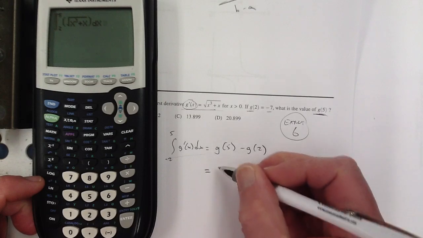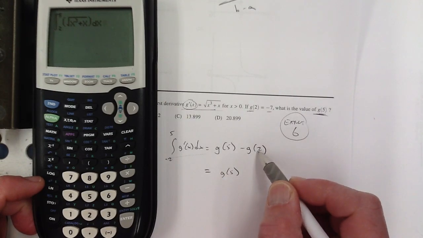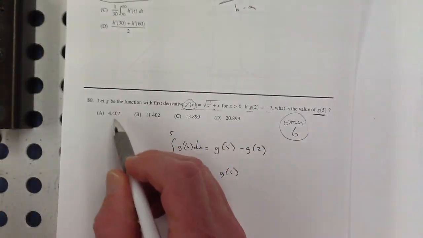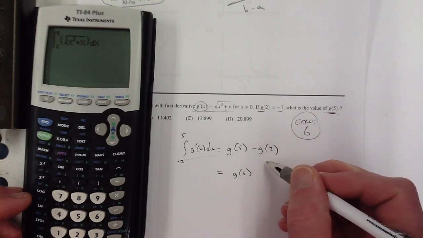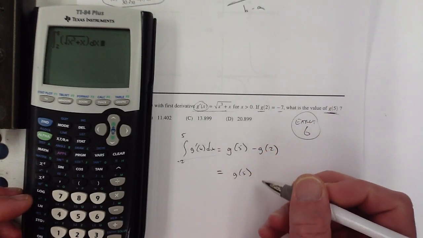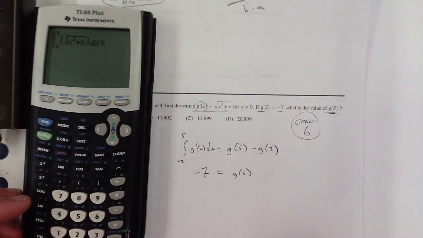And I'm trying to find g of 5. So g of 5, I'd have to add the 2, add negative 7. Right, this is negative 7, so adding negative 7 is the same as subtracting 7 here.